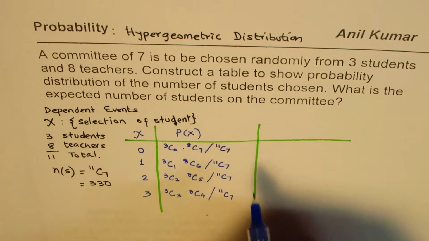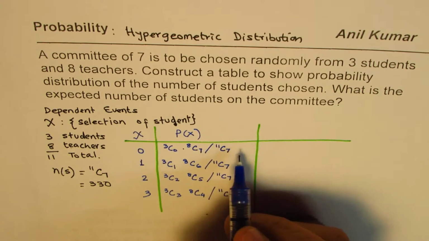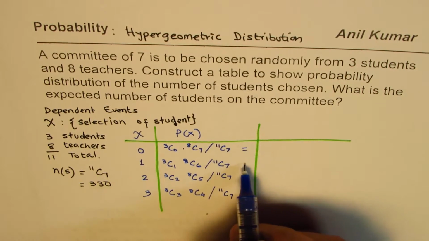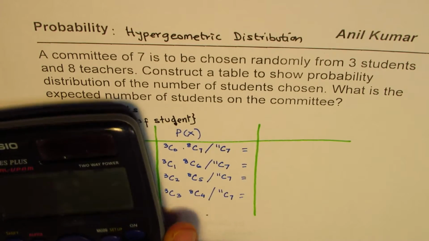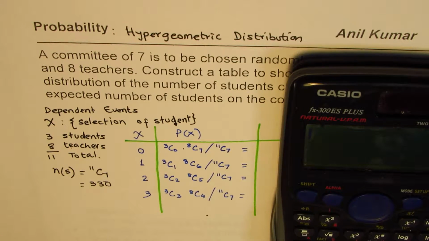We will extend this and multiply these. This is less space, so I'll write equal to, calculate with the calculator the answers, and write down these answers here. So we have 3C0. Let me write a general formula here, which will help us to quickly find the values. Now 6C0, within brackets we have 8C7, and then we'll divide this by 11C7.